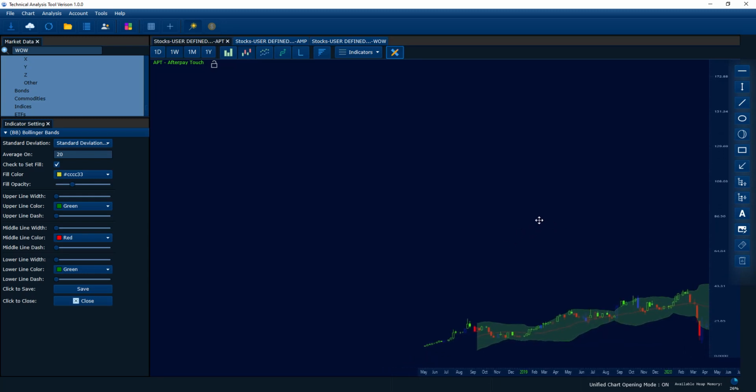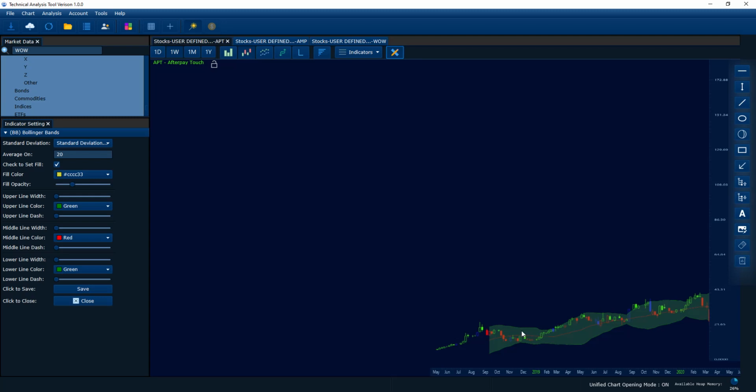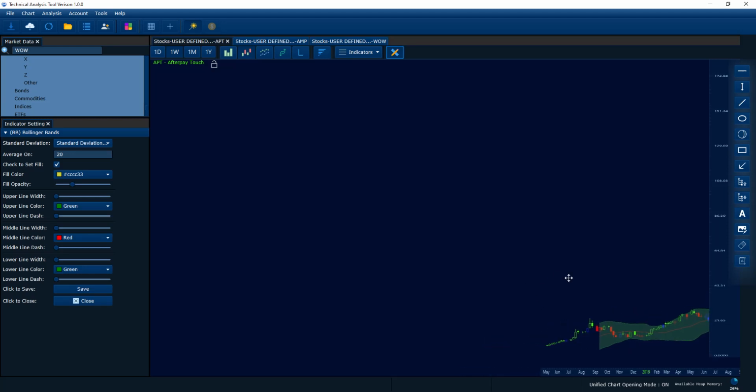We are observing the width of this entire band, meaning the width between the upper band and the lower band. If this band is very narrow, which means the Bollinger Band is constricting, it stays in a very narrow range, it means the volatility is low. The band's width means the volatility.